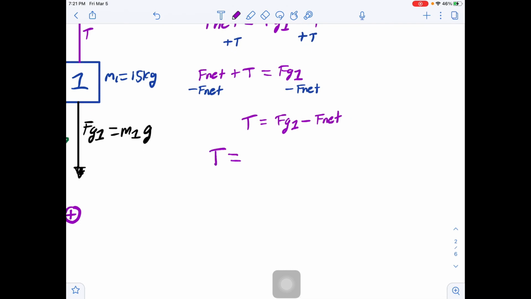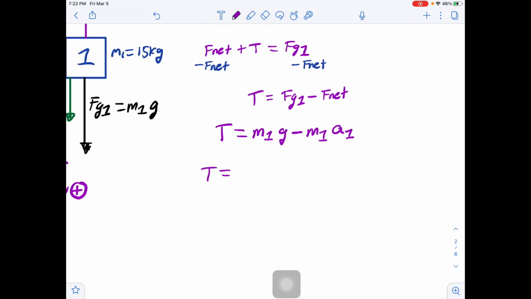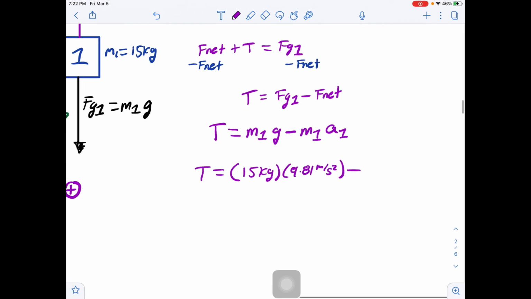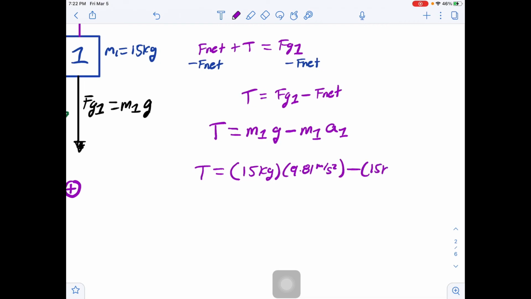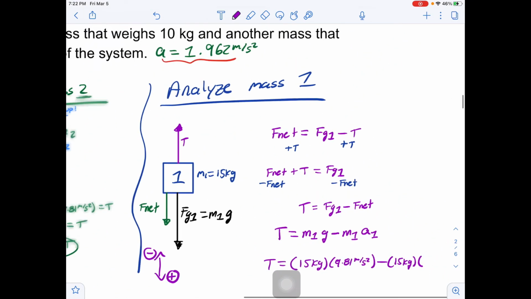So tension is going to equal the force of gravity of 1, which is mass of 1 times gravity, minus the mass of 1, because we're just analyzing mass 1, times the acceleration of mass 1. This will be 15 kilograms times 9.81 meters per second squared, minus 15 kilograms times, what was our acceleration total of this?